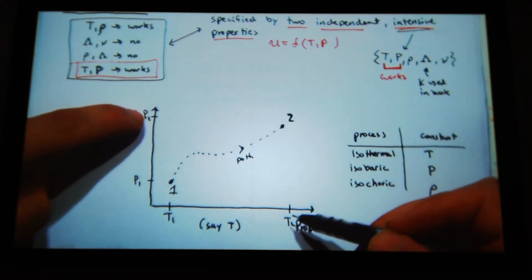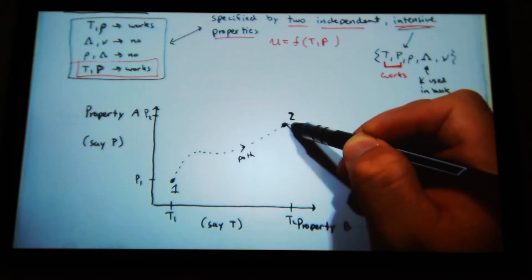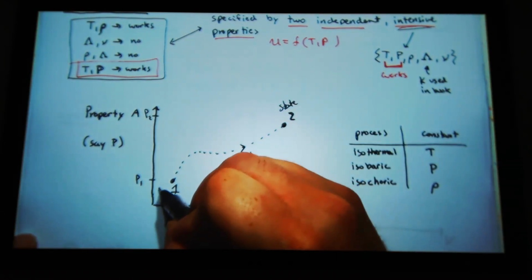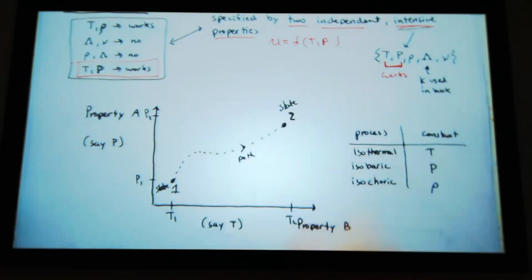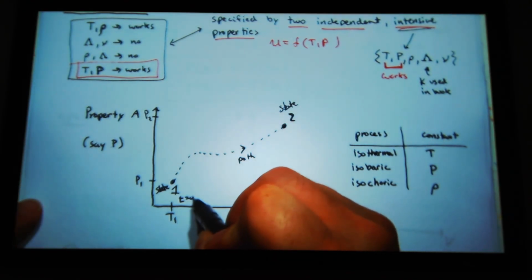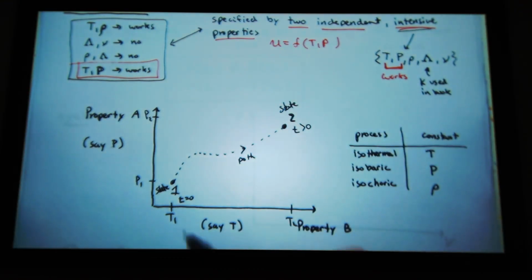I did it like this because then I can easily justify that I know the state of the system here. State 1 I can say is at t equals 0, and state 2 is at t greater than 0. So I take a snapshot, beginning of my process, I have a given temperature and pressure.